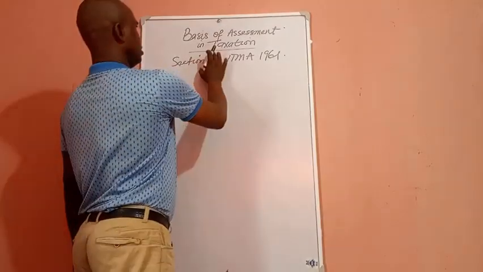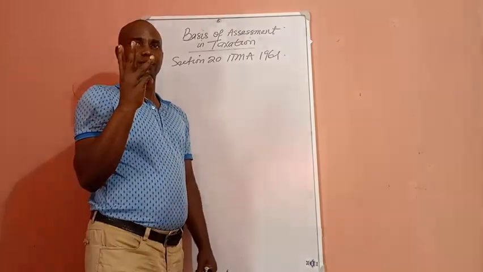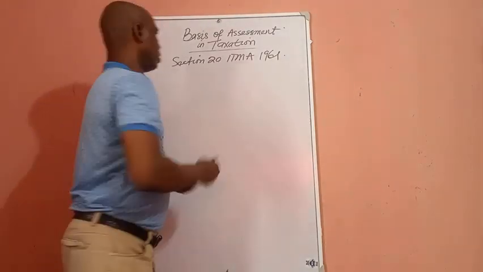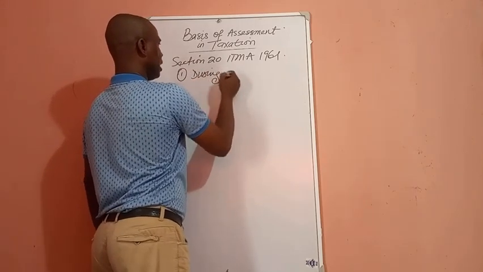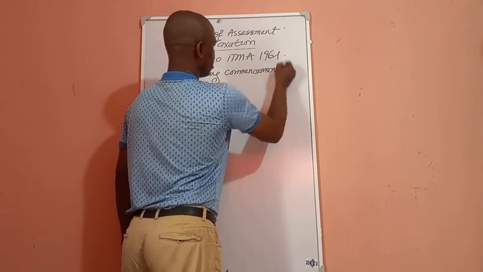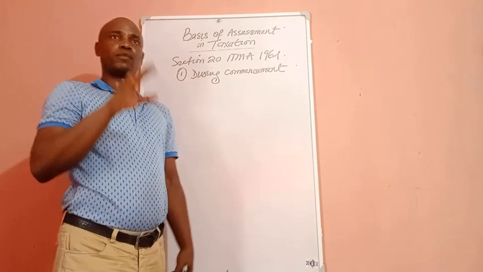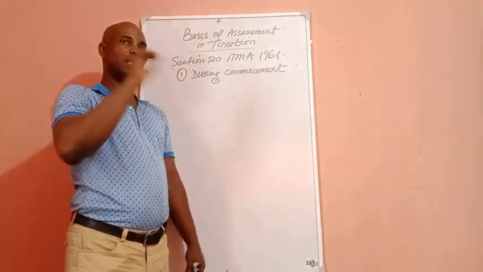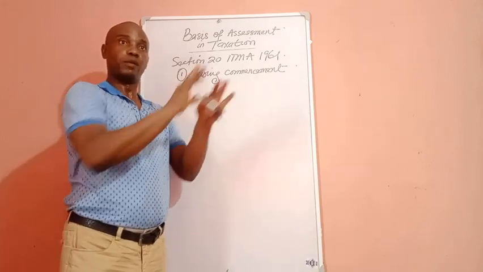Now, this law sees business in three major areas. We look at business in three forms. Number one, business under commencement. Now the tax authority is trying to see a different way of taxing a new established business. Yes, new business, they have different ways of being taxed.